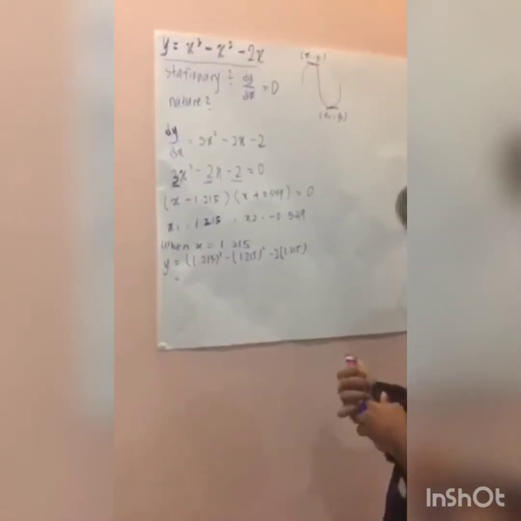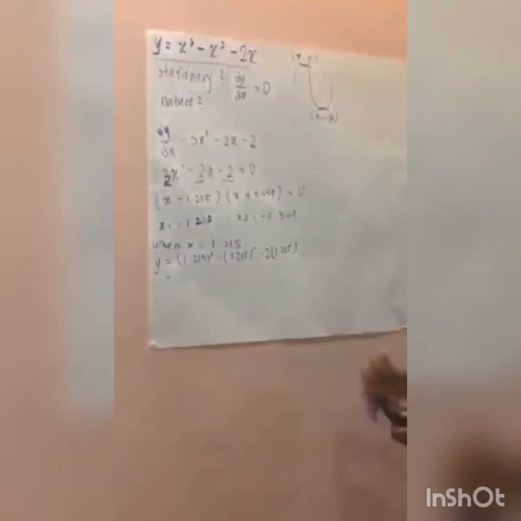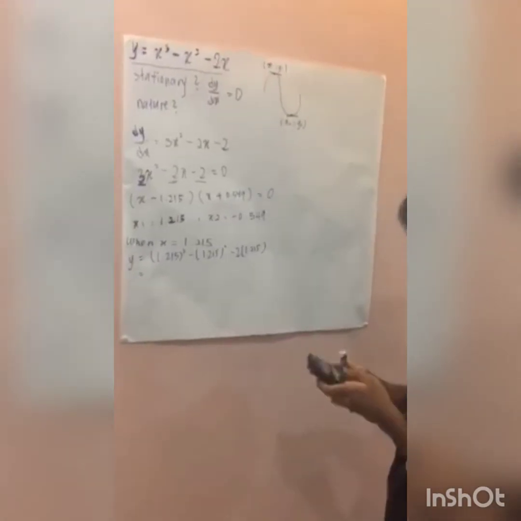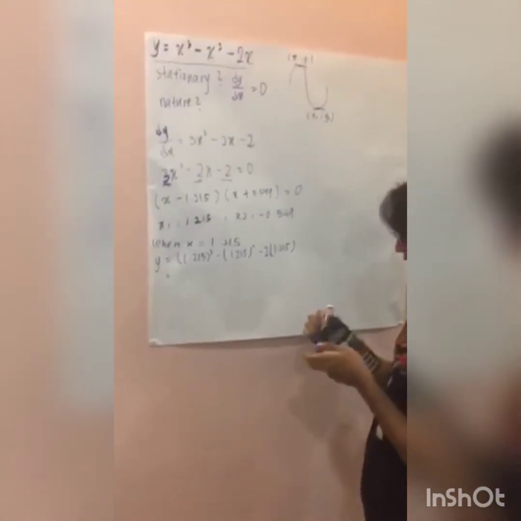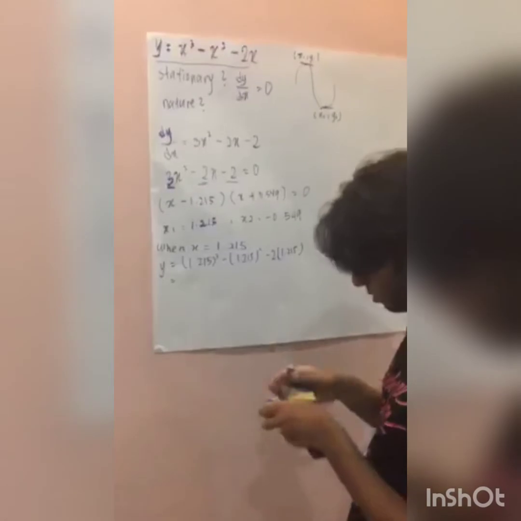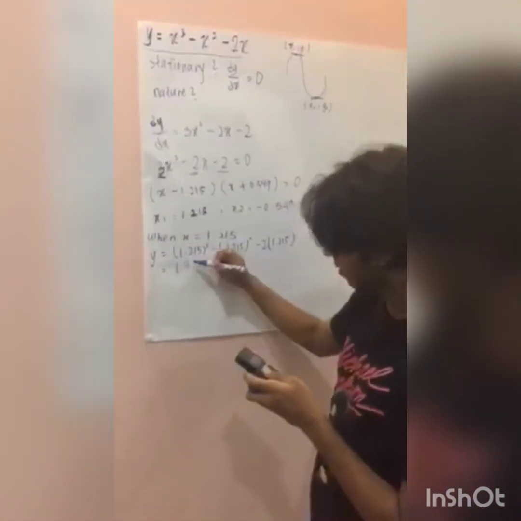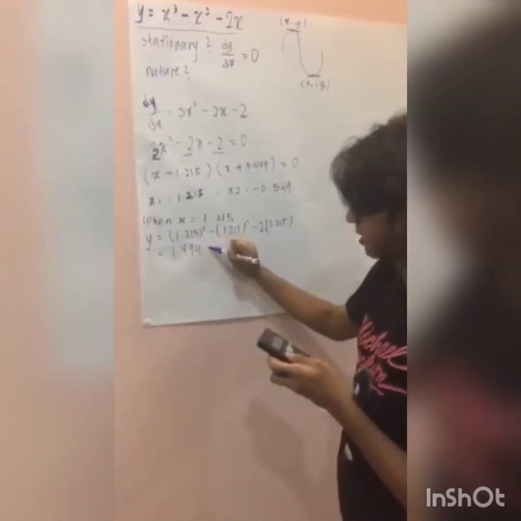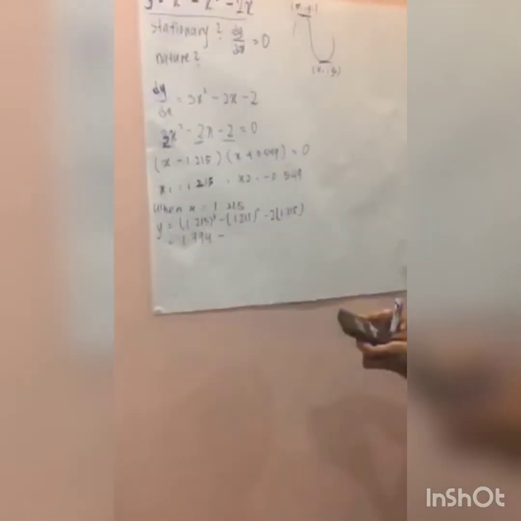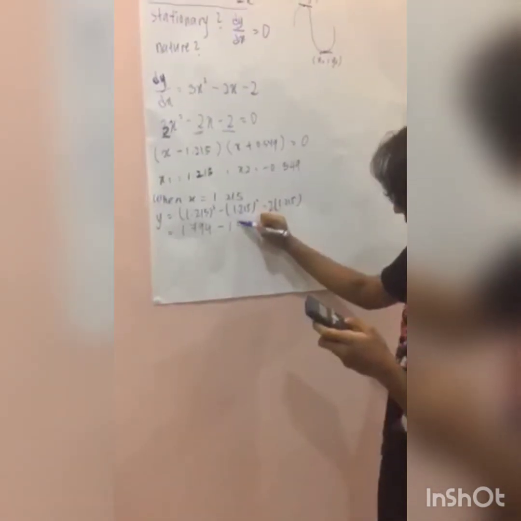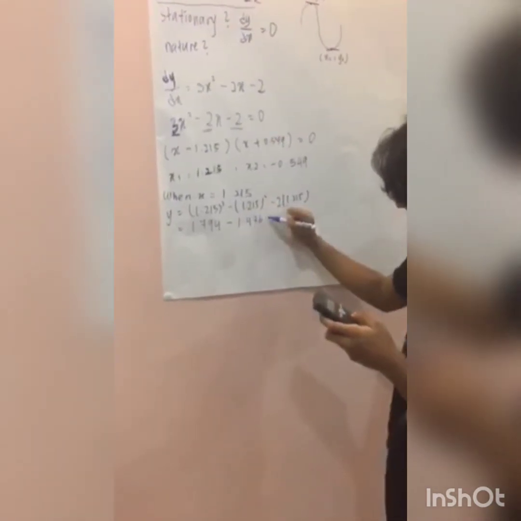Now I'll use the calculator to get the answer. 1.215 to the power of 3 is 1.794, since I'm taking 3 decimal places. Then 1.215 to the power of 2 is 1.476.